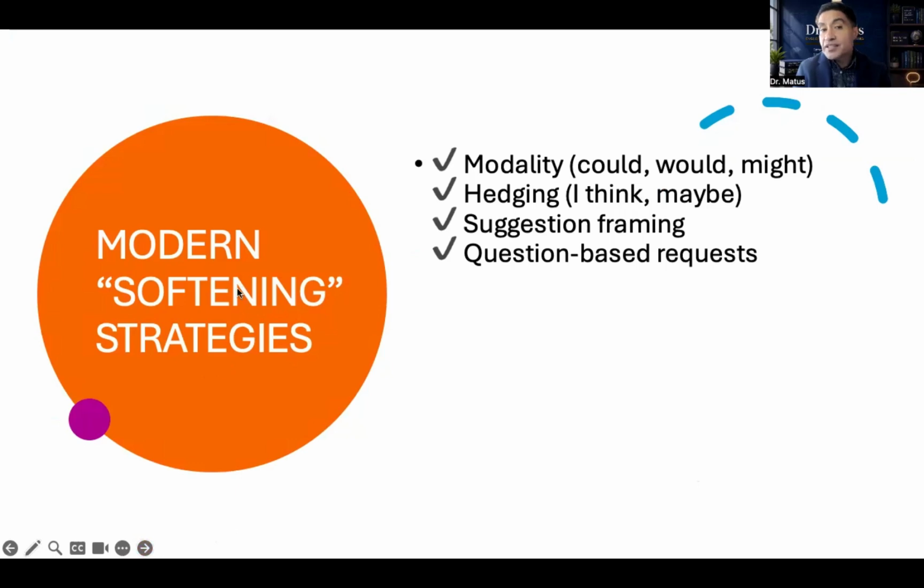So these are some examples of modern softening strategies. Modality, for example, by introducing modal verbs such as could, would, might; hedging, such as I think or maybe; suggestion framing; and then question-based requests.